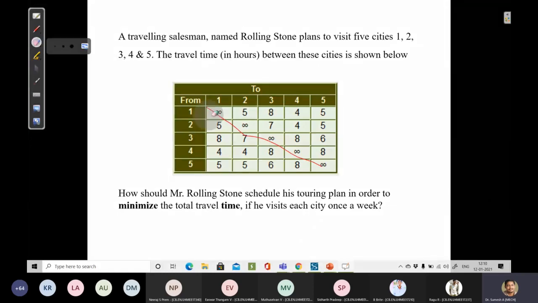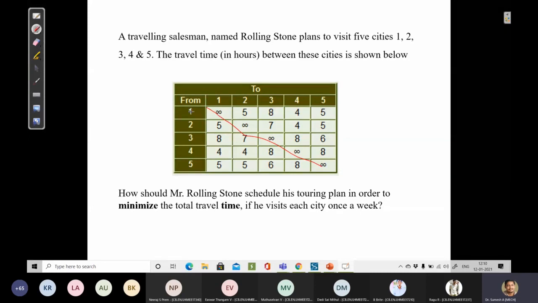And you can see the person is traveling from 1 to 3. Okay, so if you want to travel from 1 to 3, the cost associated will be 8. The same way, the same is available from 3 to 1. So you can see the upper elements and the lower elements, above your diagonal or below your diagonal, remain the same.